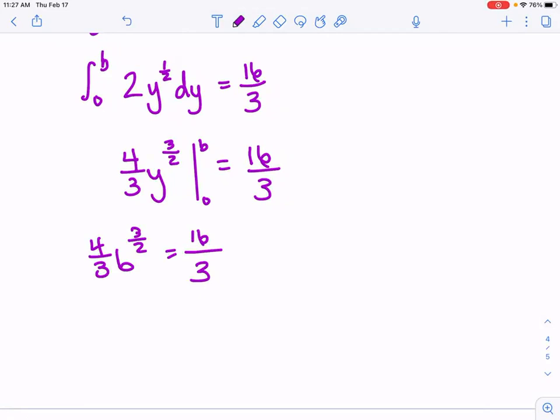Now what do we do? Divide by 4 thirds, which is the same as multiplying by 3/4. Oh, this is so nice. So b is 4 to the 2 thirds.